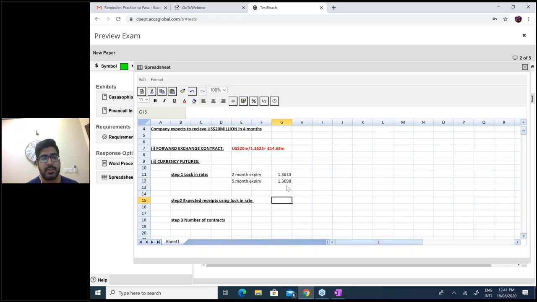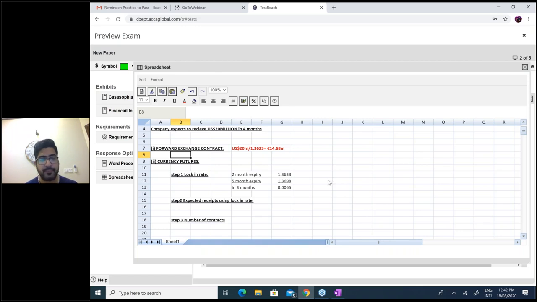What is the trend? It's 1.3698 minus 1.3633. It's increasing by 0.0065 in 3 months, right? You need to take the difference over 3 months.